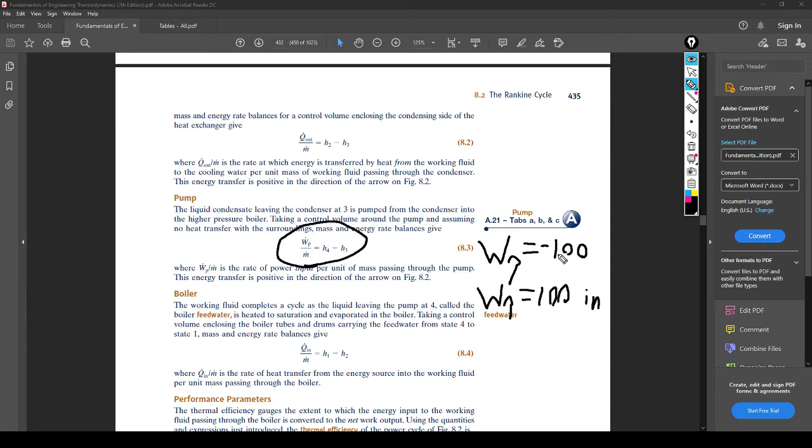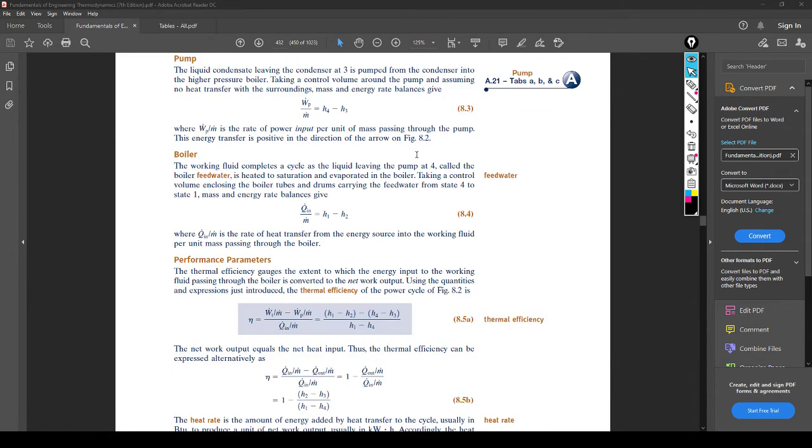Essentially, the negative sign is the direction. Or if it's positive, you could say work going in to the system, which means that it is a negative quantity, right? So those are the two ways you can do it. Just specify direction. That's all that you need to do, really.